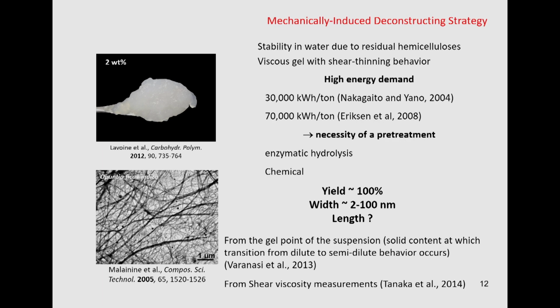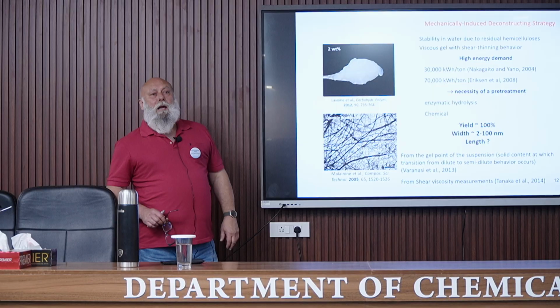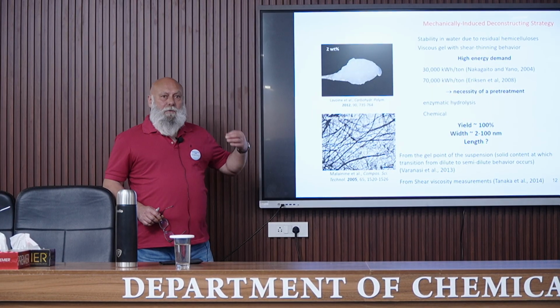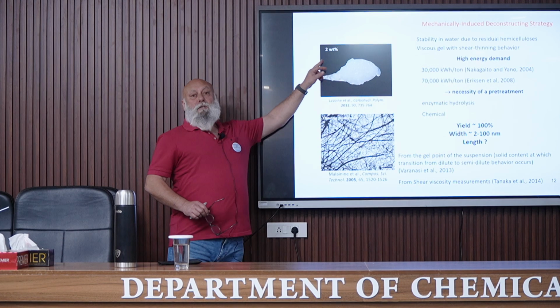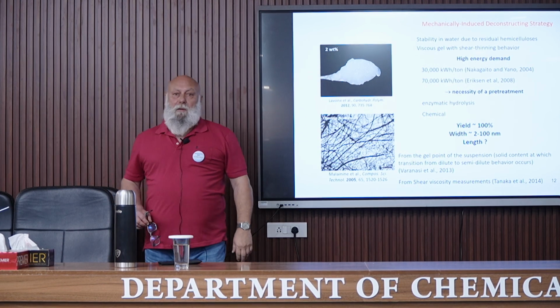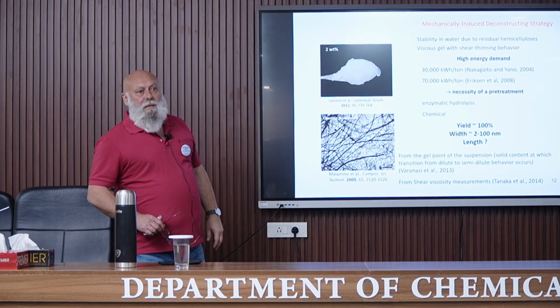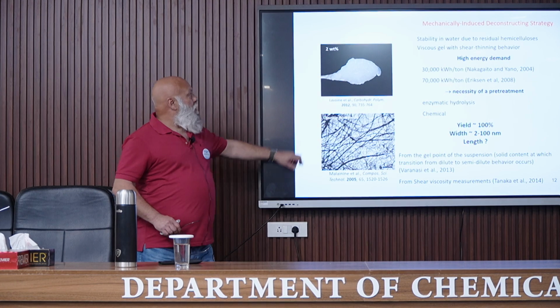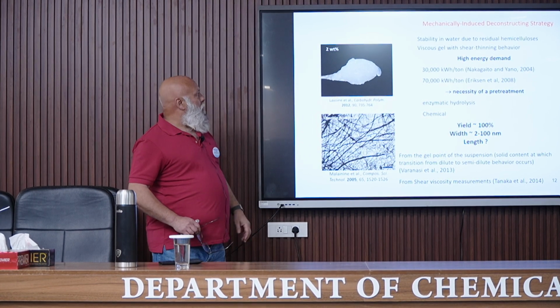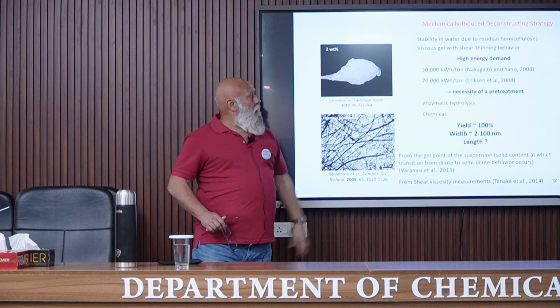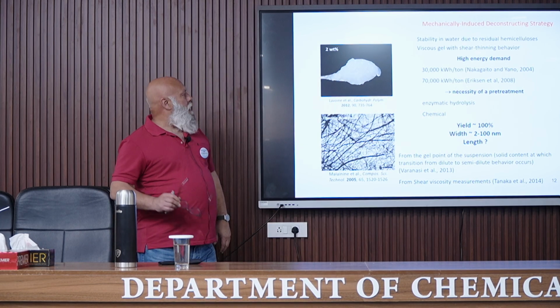This is a suspension of eucalyptus fibers after this fibrillation, or mechanical treatment, and the solid content is 2%. So it means that there is 98% water. And you see the aspect of this suspension. It's a viscous gel with a shear thinning behavior.